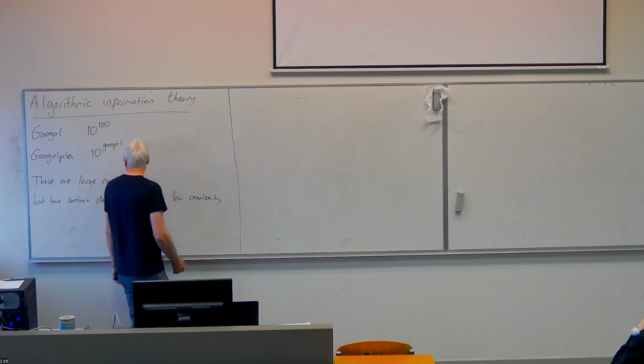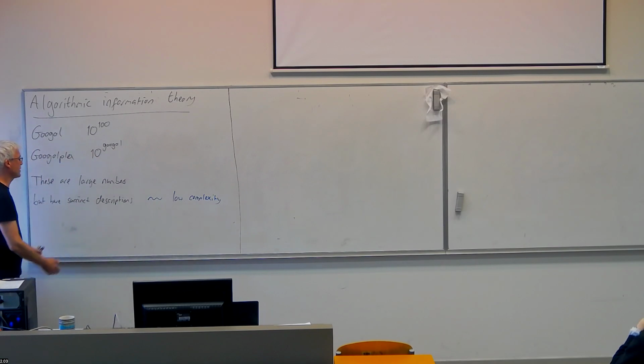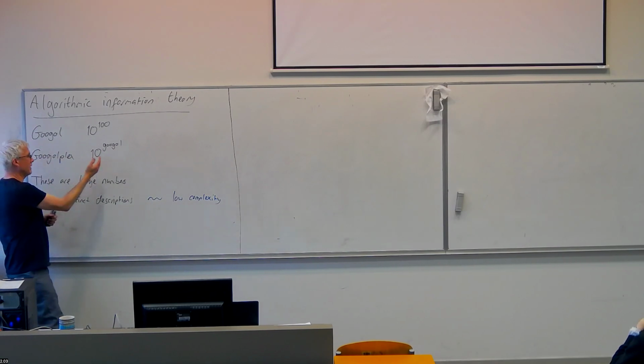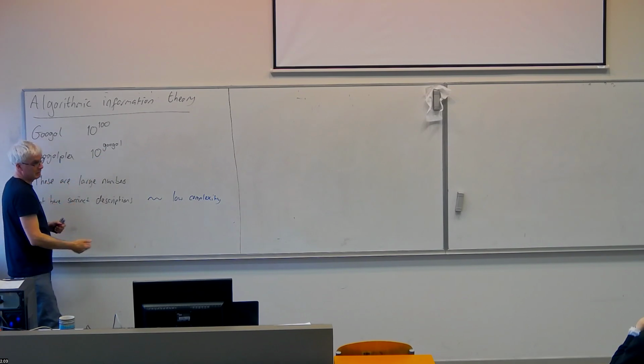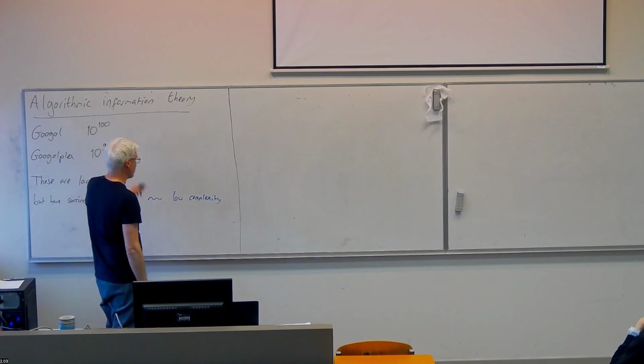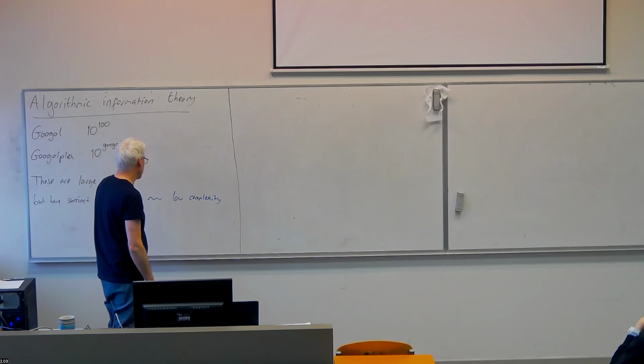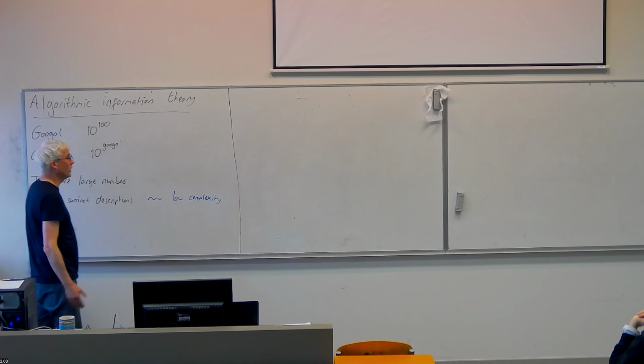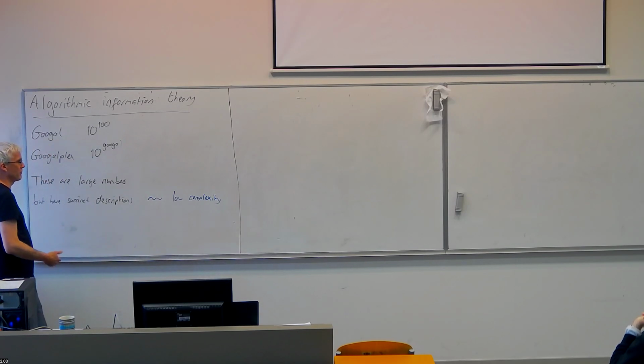And yes, one can produce a quite small Turing machine that will produce a Google as its output. You have to wait a very long time to see the output, but never mind, it will eventually produce a Google as its output. So we can measure the complexity of, say, words in terms of the size of the Turing machine that's needed to describe the word.